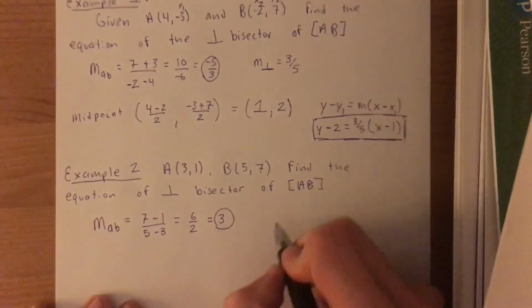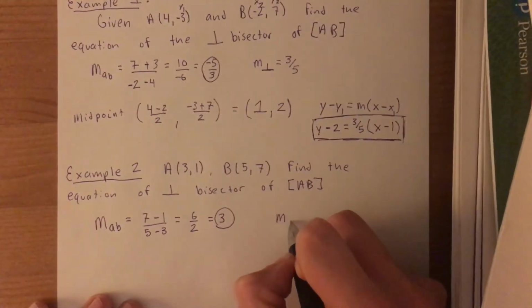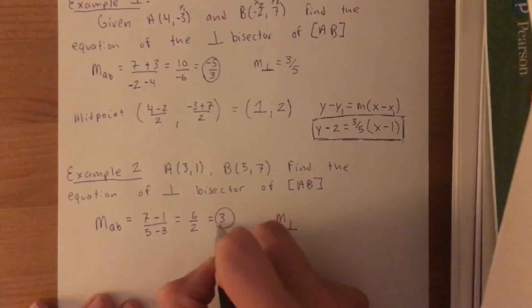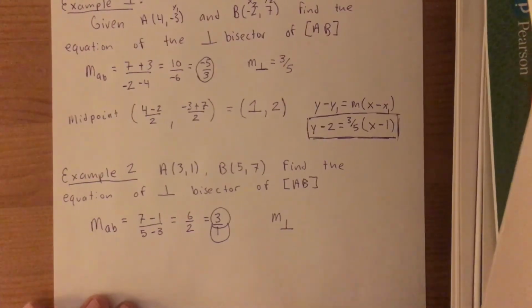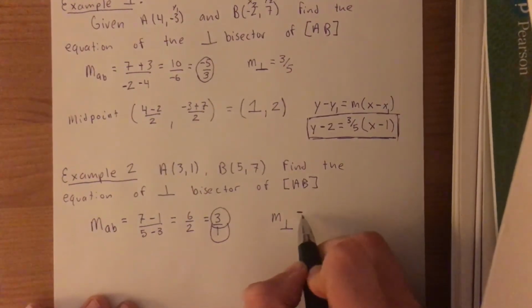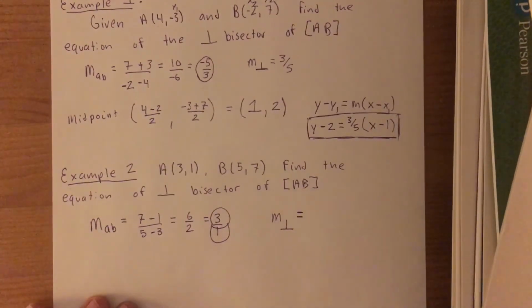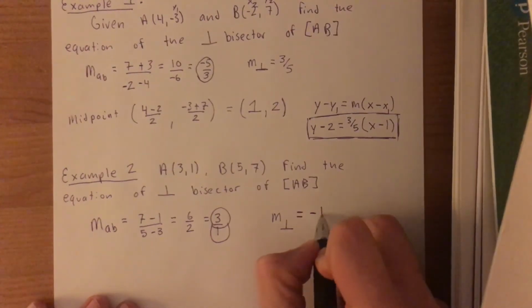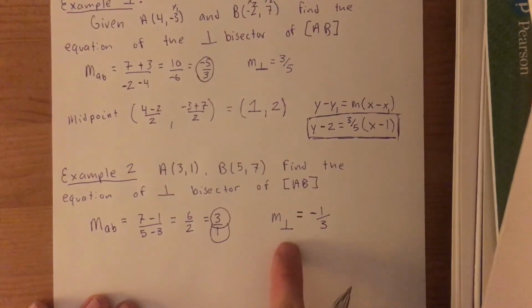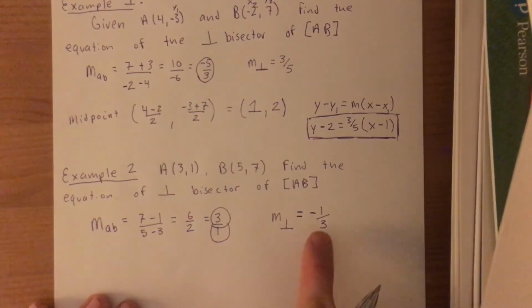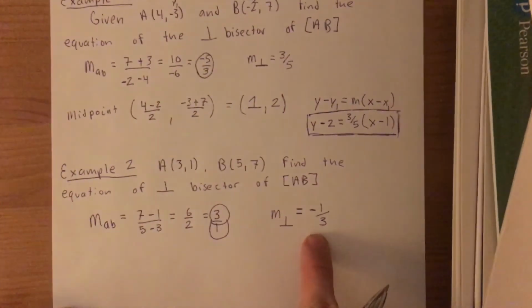So what that means is that our perpendicular slope, this is technically 3 over 1. I guess I should have circled that larger, I apologize. We're going to do the opposite reciprocal here. So we're going to make it negative and flip that fraction. So our perpendicular slope for our bisector is going to be negative 1/3.